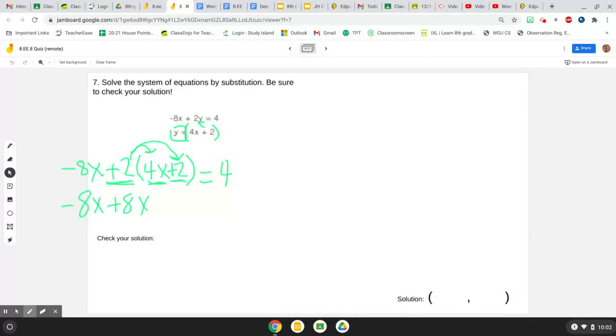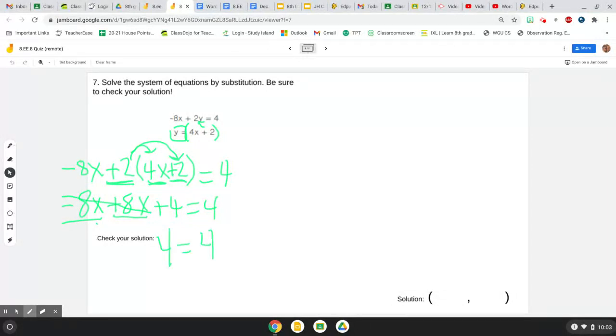And then I have a +2 times a +2, which gives me a 4. And then bring down the equals 4. Well, now I'm combining like terms. The only like terms I have are -8x and 8x. Ooh, okay. So if I have -8x and I add 8x, they're just going to give me 0, right? There's nothing there. They cancel out. So that leaves me with 4 equals 4.